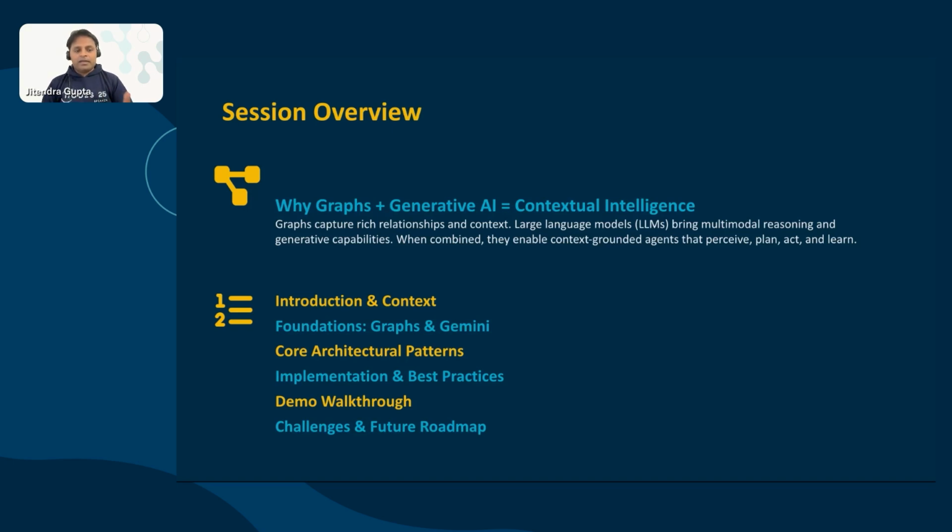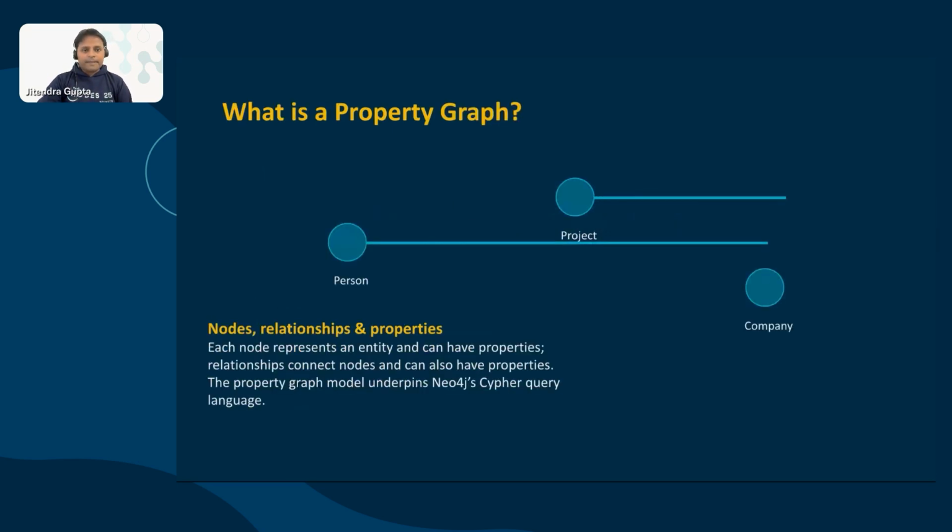And at the last part, we are going to have a quick demo walkthrough. It's not a live demo, but over the presentation it will give an understanding of how that looks. We'll end the session with the challenges and the future roadmap. And with that, let's get started.